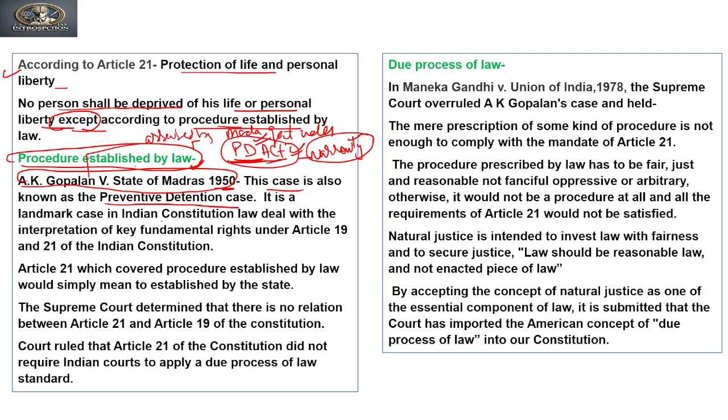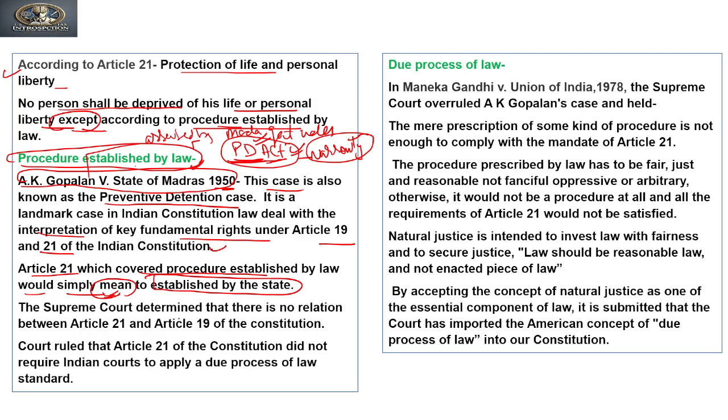It is a landmark case in Indian constitutional law, dealing with the interpretation of key fundamental rights under Articles 19 and 21 of the Constitution. Article 21, which covered procedure established by law, would simply mean procedure established by the state. So the Supreme Court interpreted that procedure established by law means that if the state through legislation has established any law, that law is empowered by Article 21 to take away anyone's life and personal liberty.